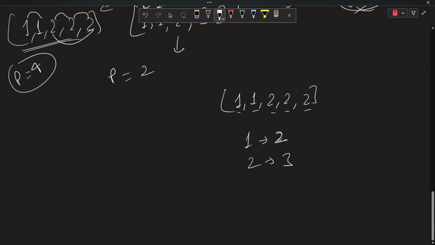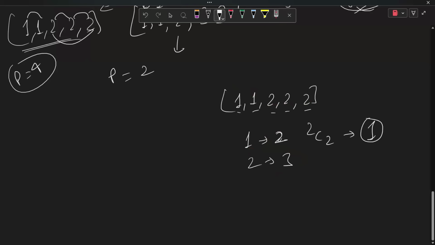So you can create a frequency array like this, and then you can say, since 1 is occurring 2 times, among those 2 ones, how many pairs are there? 2C2, only one pair. Among these 3 twos, how many pairs are there?